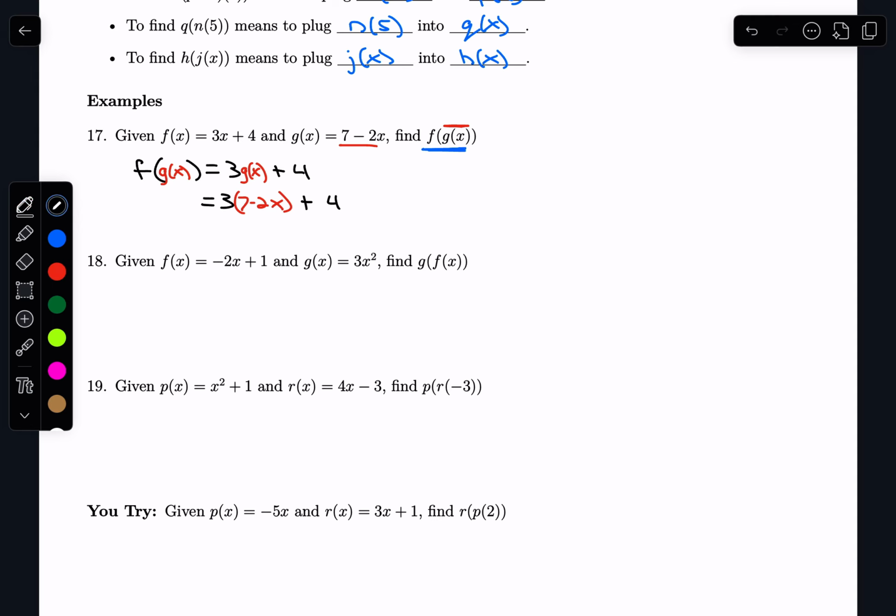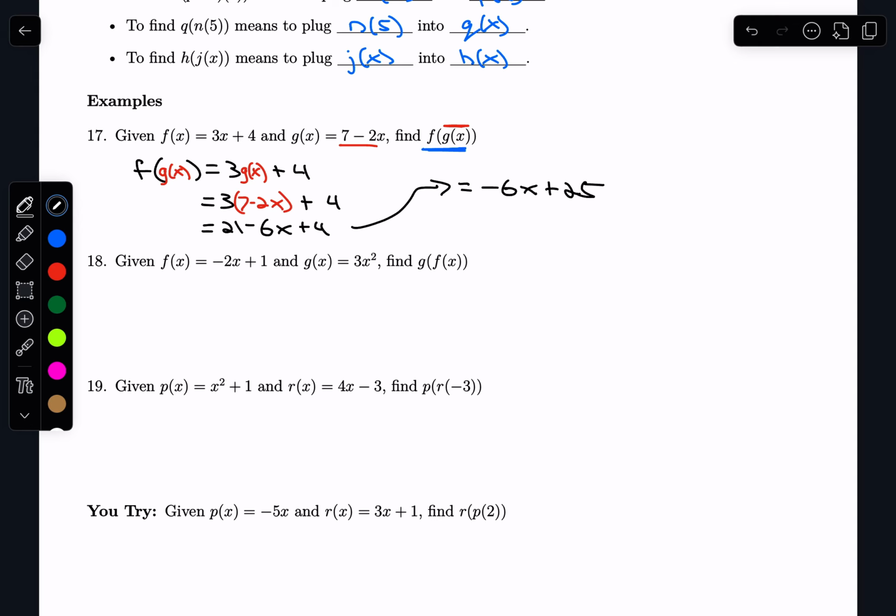Now if I multiply this out to simplify, we have 3 times 7 is 21, 3 times negative 2x is negative 6x, and we have a plus 4 in the back. If I write this in standard form, this is equal to negative 6x plus 25 when we add together the 21 and the 4. And so we can say that f of g of x is negative 6x plus 25.